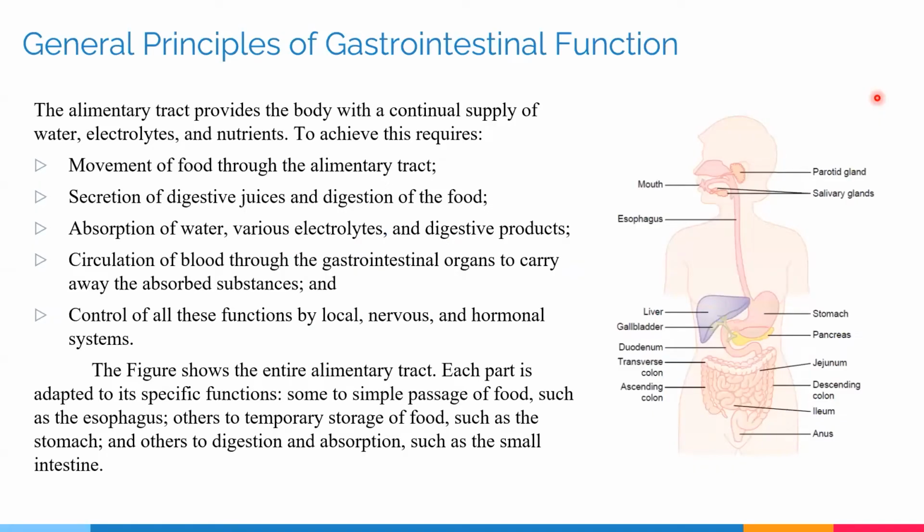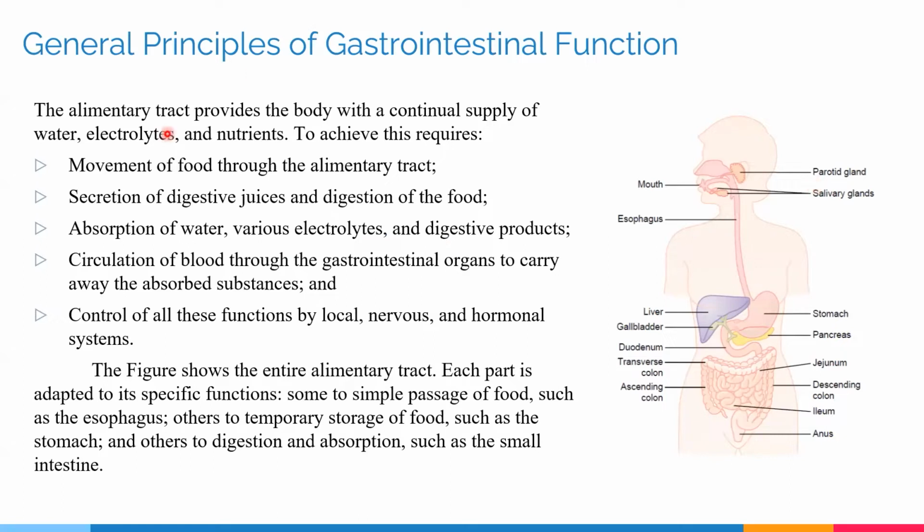First, we'll look into the general principles of gastrointestinal function. Here we have a schematic which shows us the various organs and organ systems that completely make up the gastrointestinal system.